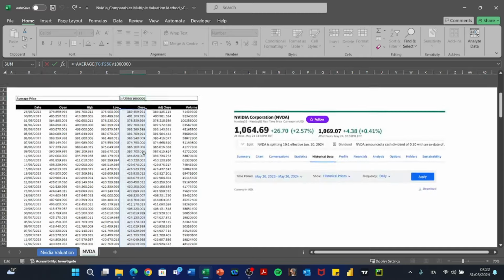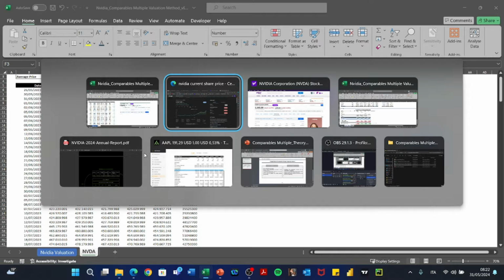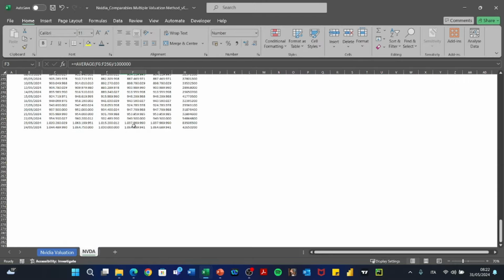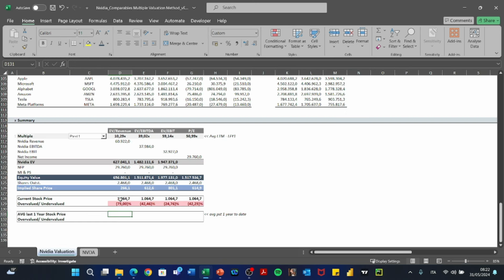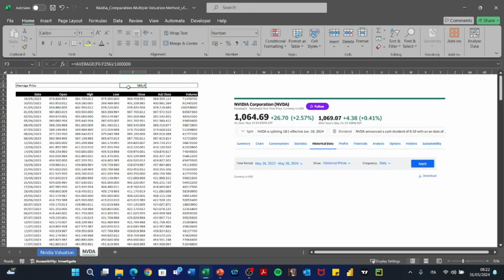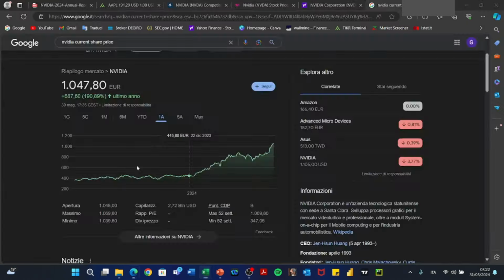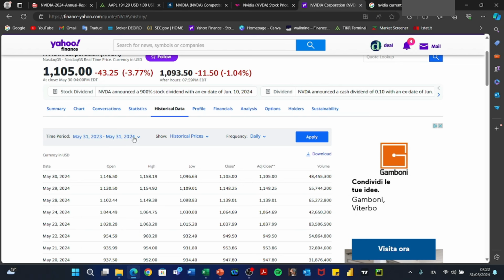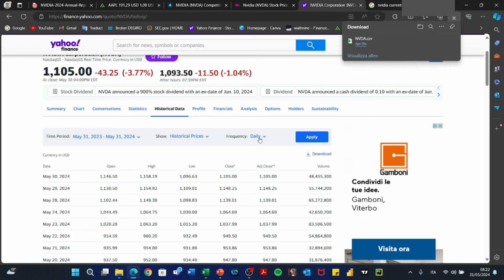If we look at the current, here we have 1.06, which is exactly the one I have put here. I've collected this data on Yahoo Finance. You select the time period, the historical prices, the frequency you want the data, and you then download them in Excel.